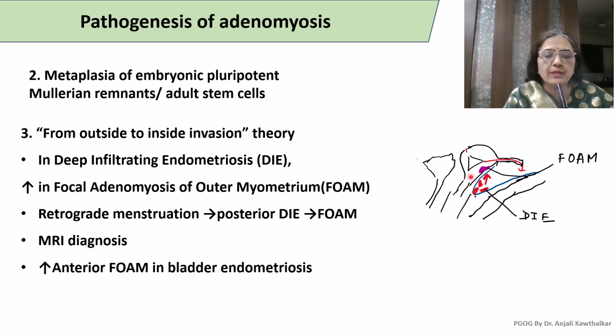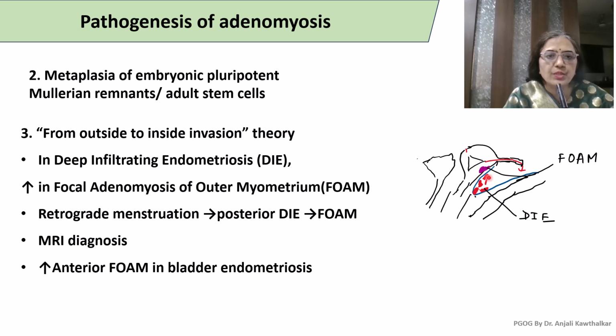Outside to inside invasion means the disease is not entering from the endometrial side or inside the uterus. It is entering from the serosal surface of the uterus, as you can understand. So the basis for this theory is in deep infiltrating endometriosis, DIE.